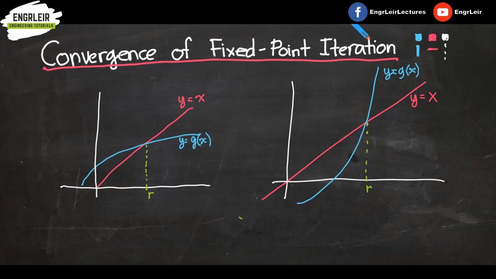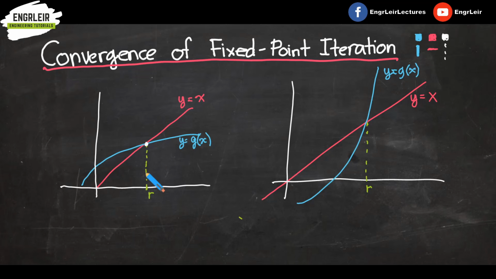Paano ba bakit nangyayari yon? Yung fixed point iteration, bakit siya nagda-diverge? So, I have here yung x at saka gx. At ito, in-express ko lang sila as separate functions. So, y equals x to, ito y equals gx. Kailan sila mag-i-equal? Siyempre, doon sa kung kailan sila magi-intersect yung dalawang graph natin.